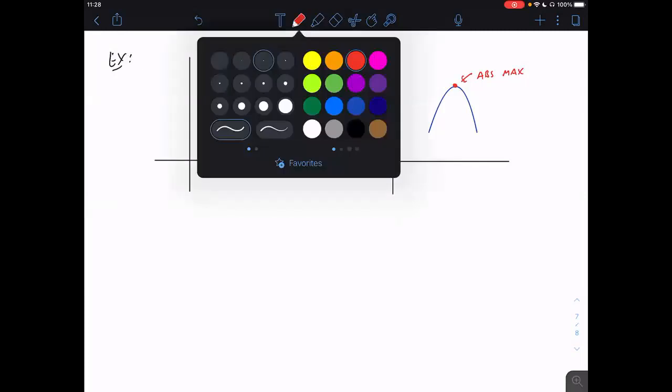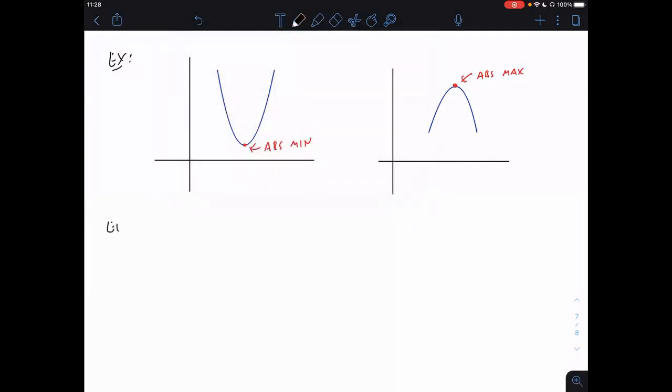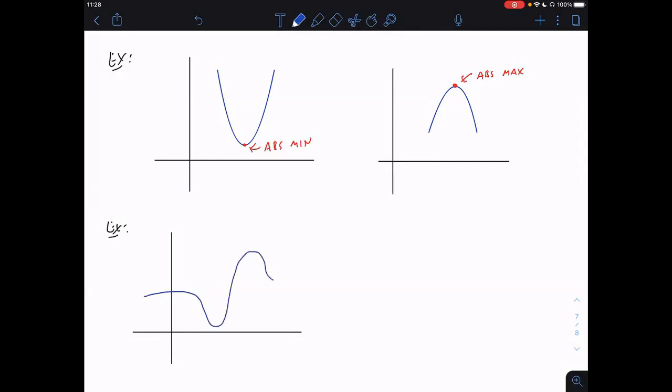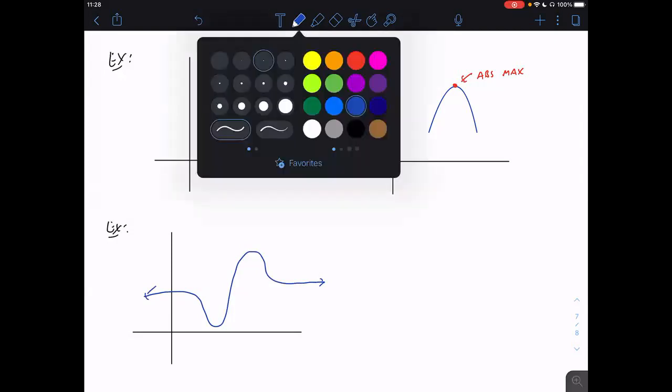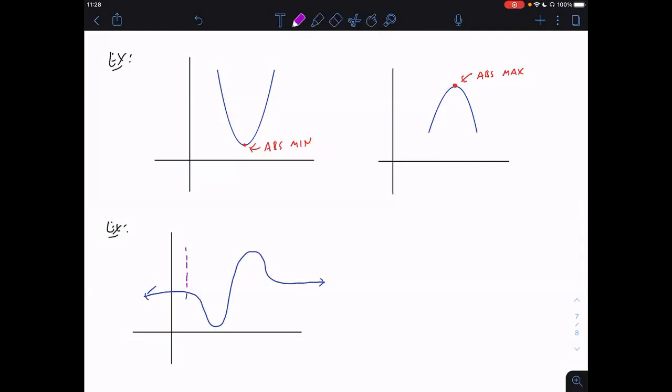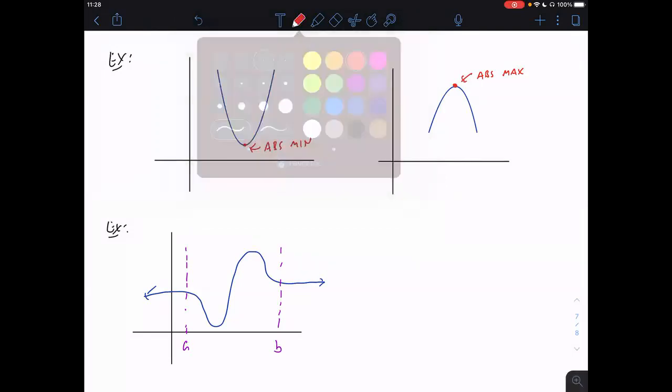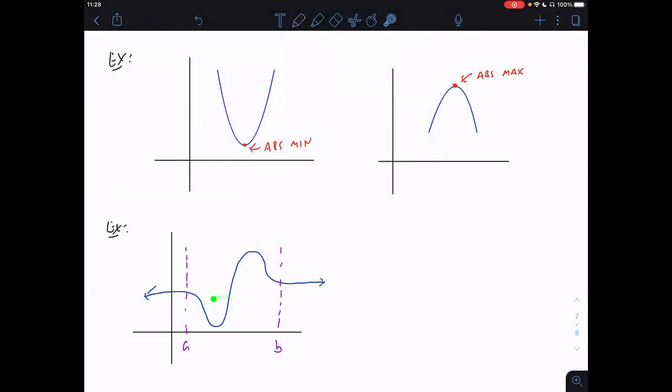But suppose we had a graph that had a bit more curves to it. So let me draw another pair of axes here. And suppose we have a graph that looks like this, and suppose we're looking at the interval A to B. In that case, the absolute minimum will be the lowest point of this graph along this interval.